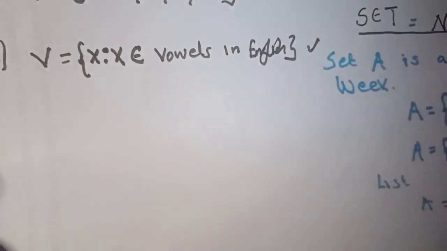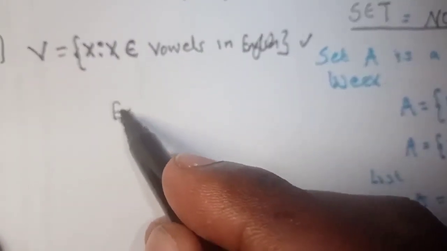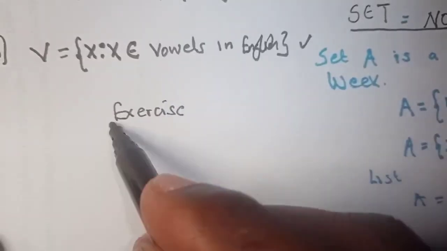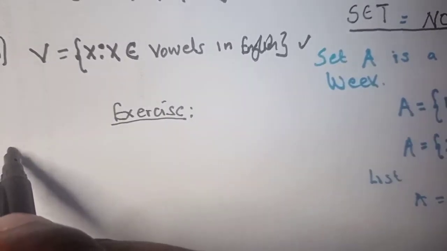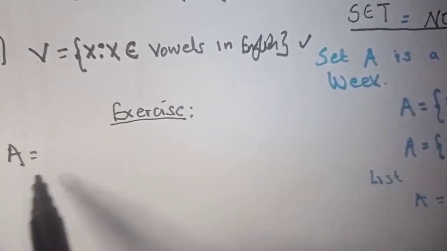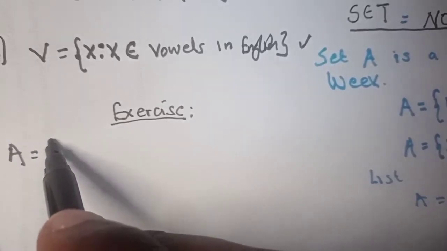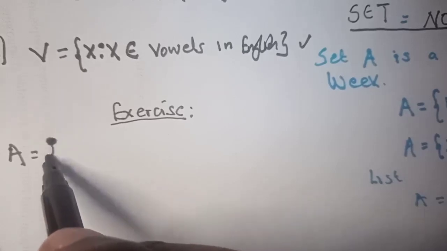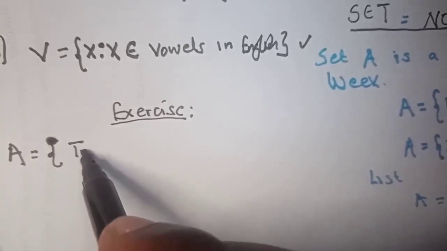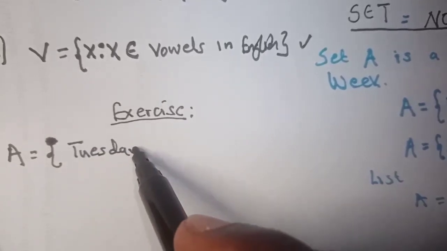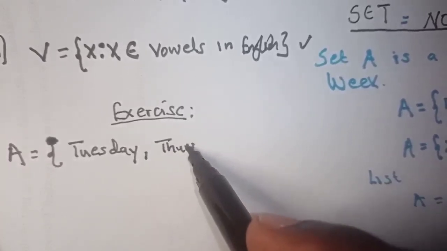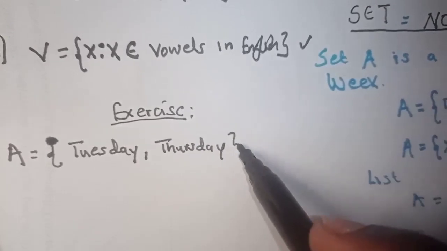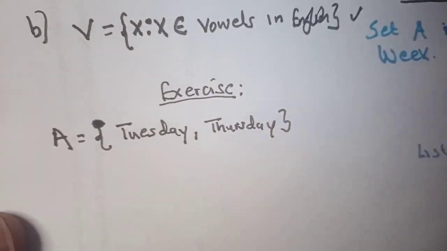Okay, so let's have an exercise to see if we've understood that. We're going to have set A is equal to Tuesday, Thursday.